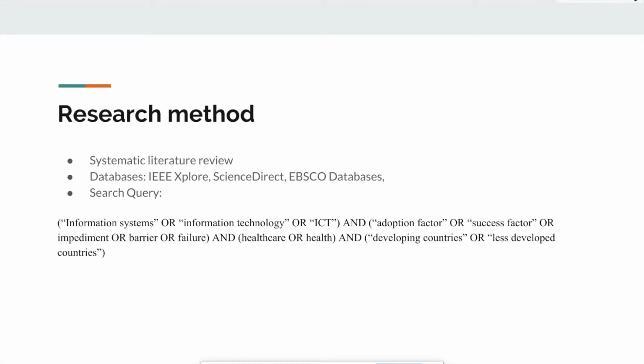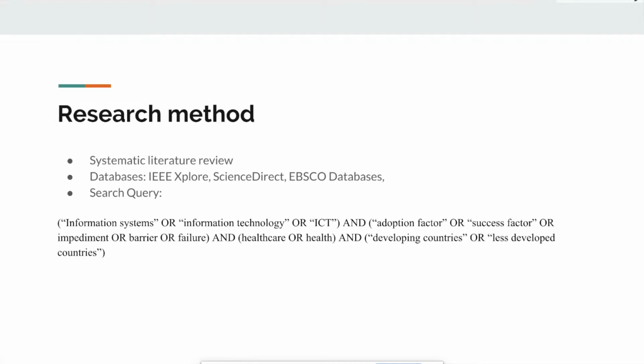In order to get the primary studies, I used a search query. The search query is a combination of different kinds of synonyms and phrases, and it's formulated based on my research questions. Here you can see I used different kinds of phrases or synonyms.